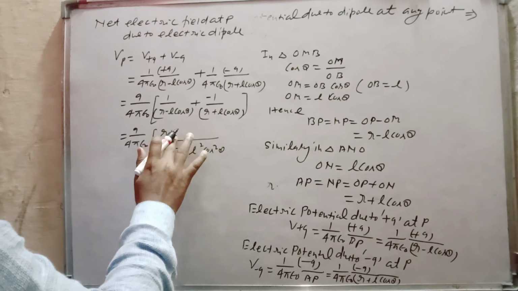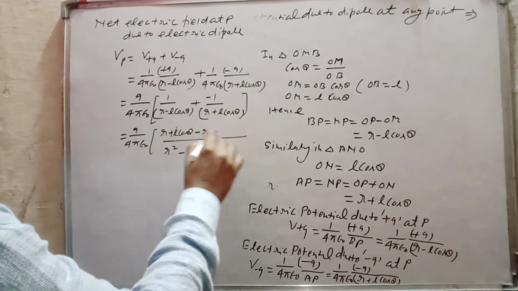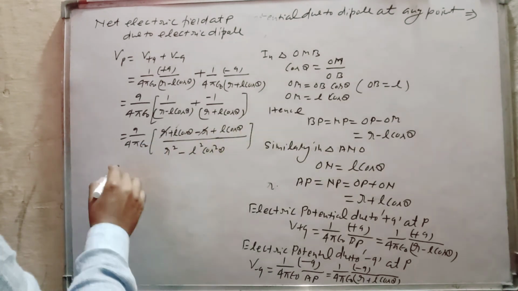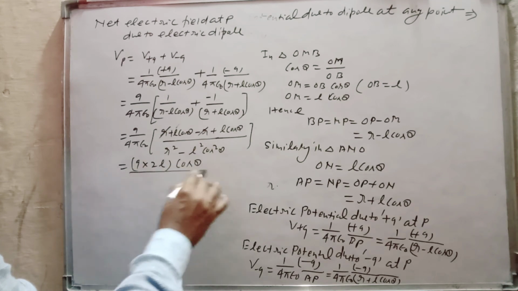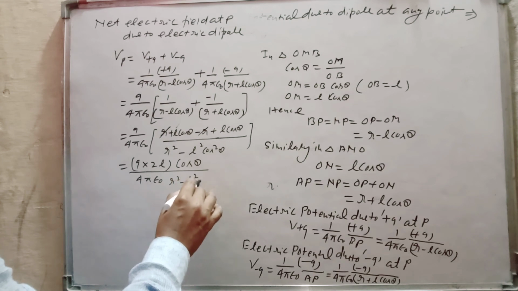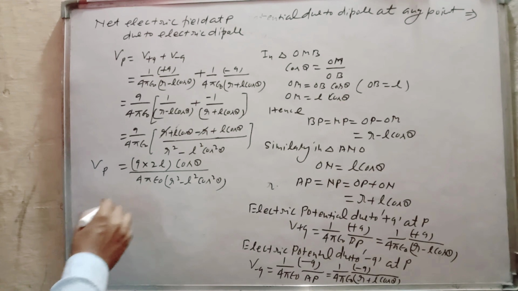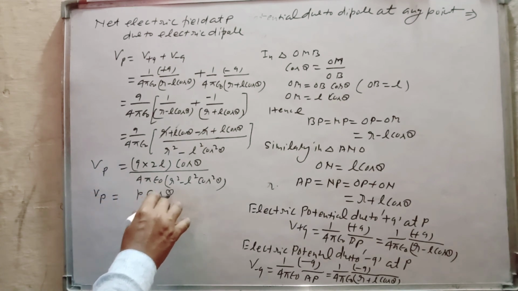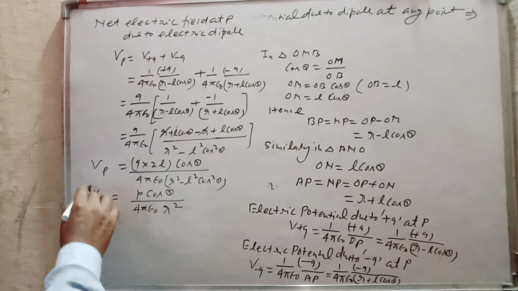In the numerator, R plus L cos theta minus R plus L cos theta. Now R and R cancel. Here Q into 2L cos theta over 4 pi epsilon naught times R square minus L square cos square theta. This is the Vp. Now Vp is equal to P cos theta divided by 4 pi epsilon naught R square.